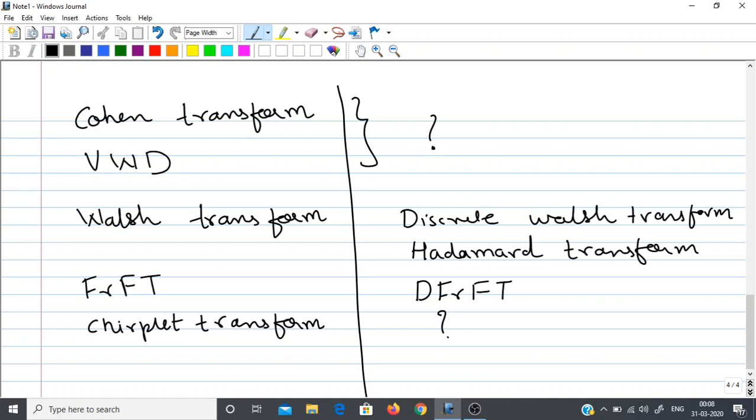There is a very important transform used in compression and optimization. This is called KLT, the Karhunen-Loeve transform. I don't know how to properly pronounce it, but it is known as KLT.